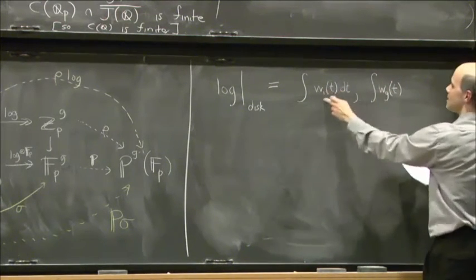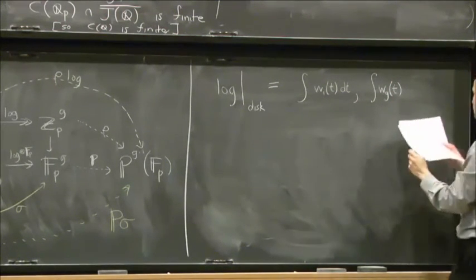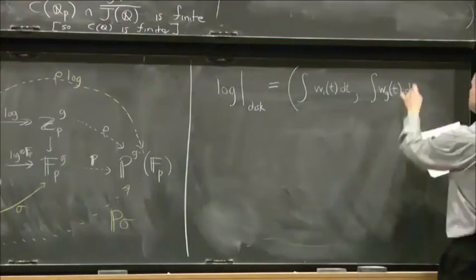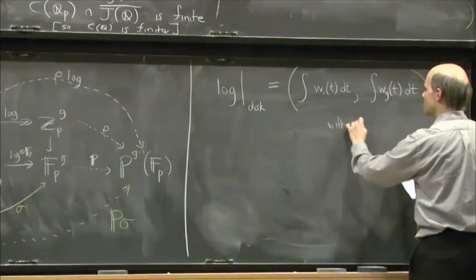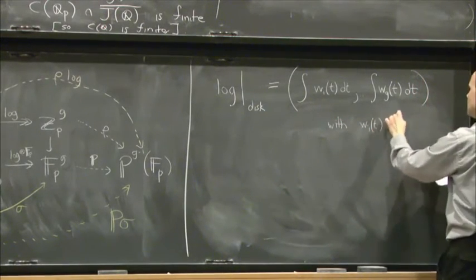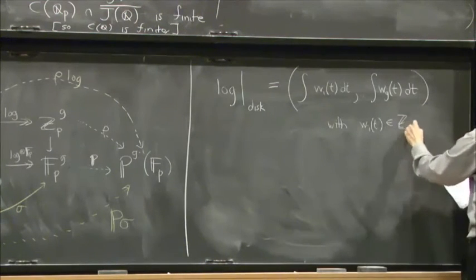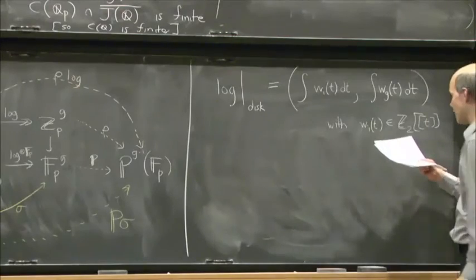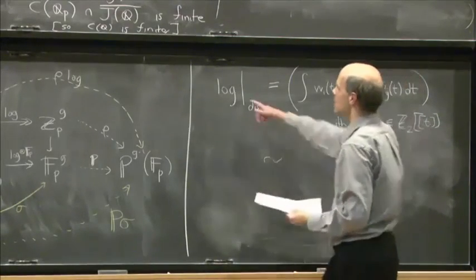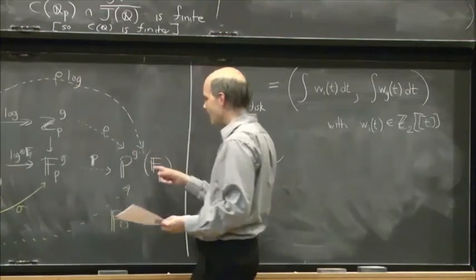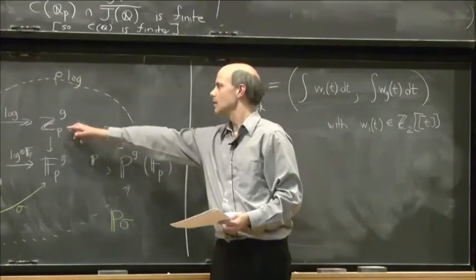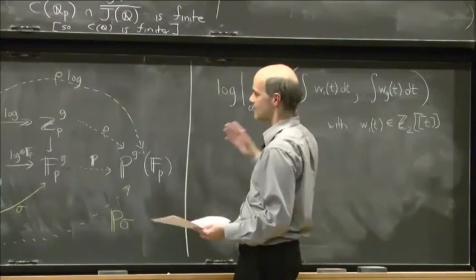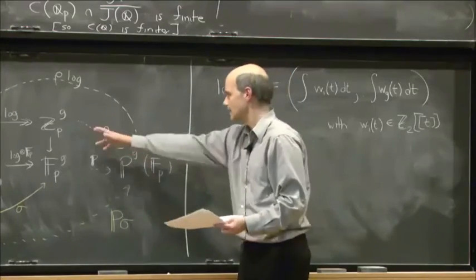These are integrals of power series, where these things come from the basis of one forms on the curve. So the map looks like this, with these w_i being two-adic power series. We only care about what this logarithm does after we map it here, which is dividing out by any excess power of 2 and then just looking at it.